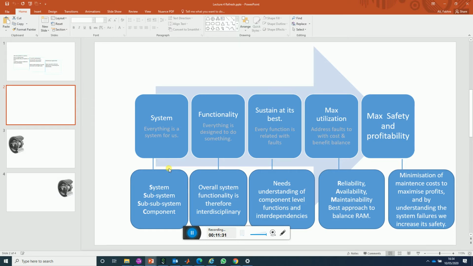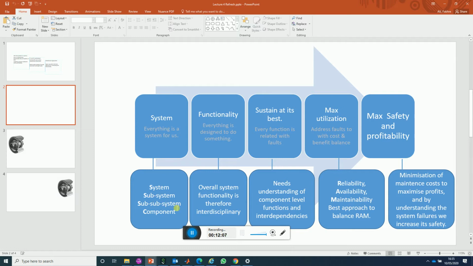Okay, so the functionality of the fuel system supplying fuel to the engine can be influenced due to subsystem level failures in this case. Okay, and this remains the case for all the systems that we deal with. So the hierarchy of the system must be understood and laid out.